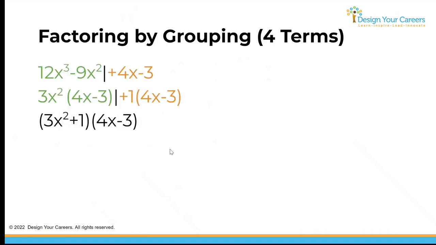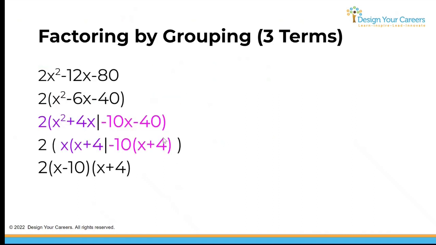That would look like this. And then you can see that x plus 4 is the same inside both parentheses, which means it's right so far. For the final factored form, this is going to look a little different from the others. Normally we took the parts outside the parentheses and put them together with the part inside the parentheses.